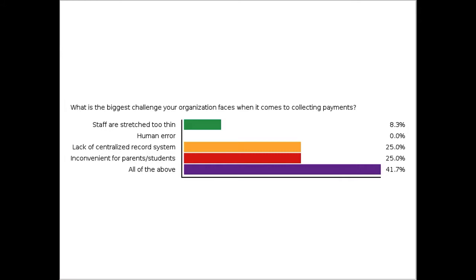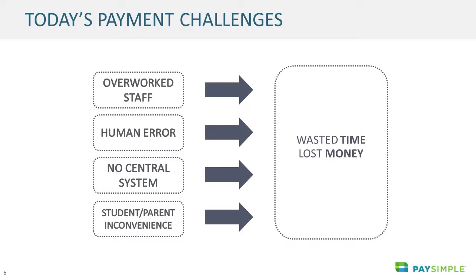So it looks like an overwhelming amount of you are saying all of the above, which is very interesting. I 100% agree. All of these factors really do contribute to wasted time and lost money, and that can be a huge problem, especially if you're strapped for resources or in the nonprofit space. Overhead is a huge, huge contributor to getting things done, and then also having that consistent cash flow as well.